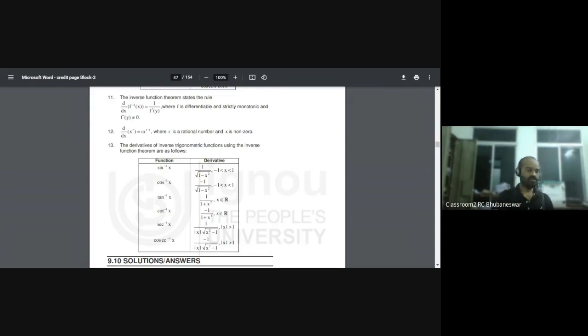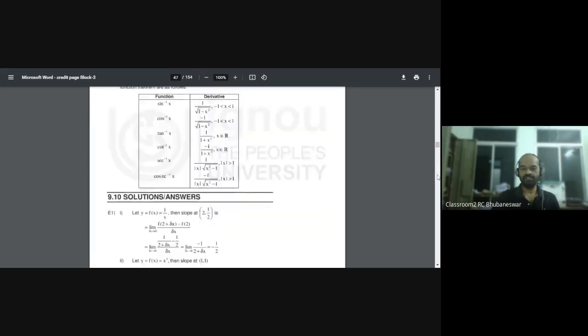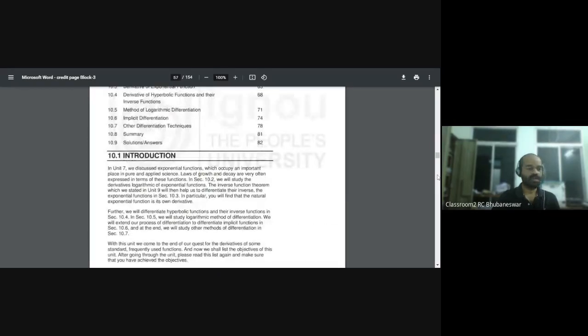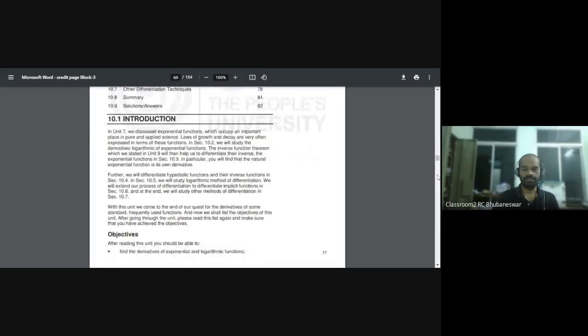Now let us move towards the next unit, which is all about some more derivatives. Here in some more derivatives, we are focusing on the differentiation of exponential functions, differentiation of logarithms, differentiation of some hyperbolic functions, and differentiation of some inverse hyperbolic functions.